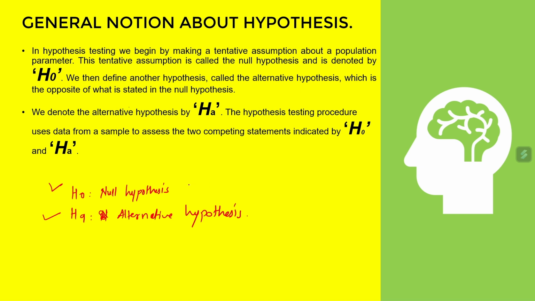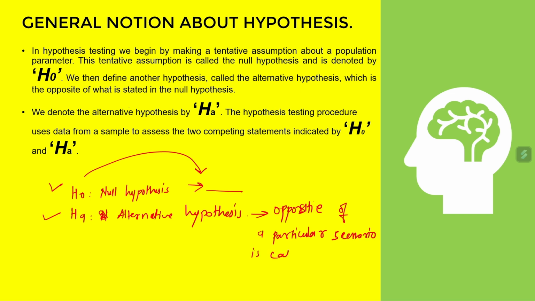So what are these two? For example, a particular scenario is given, and that scenario will be termed as H0, which is the null hypothesis, and the opposite of that scenario is called the alternative hypothesis.